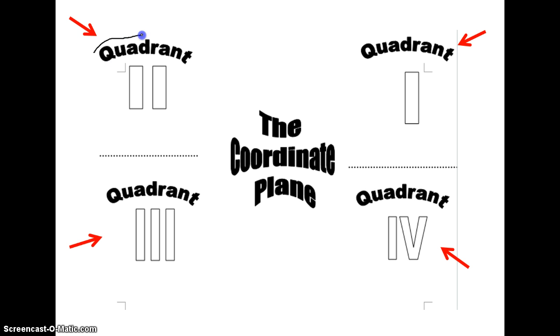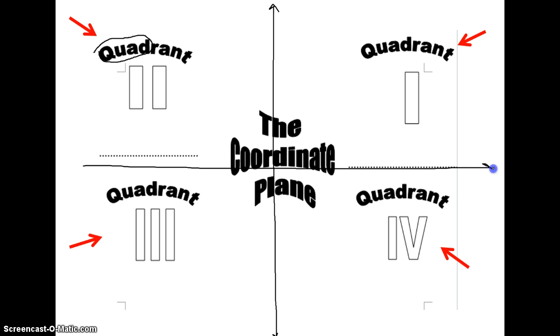Well, the perpendicular lines that intersect each other, we're going to give those lines names. We're going to call them axes, the x-axis and the y-axis. It divides the coordinate plane into four equal pieces, hence the prefix quad.